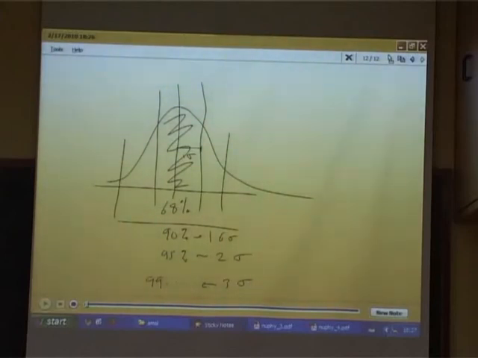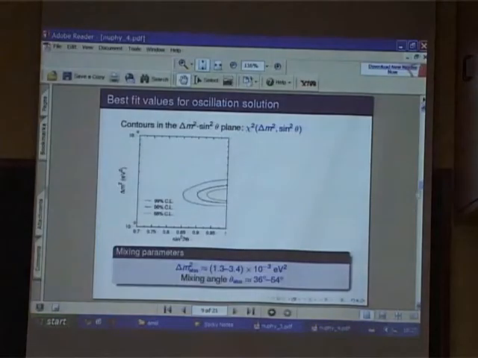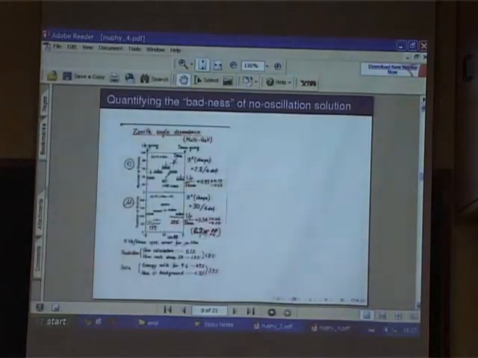That's more than 99%. So people usually talk in these two terms: either confidence level, 68%, 90%, or in terms of sigma. So actually, what was shown on the transparency, this 6.2 sigma, could correspond to a confidence level much larger than 99%.